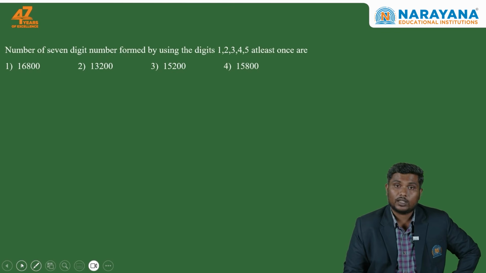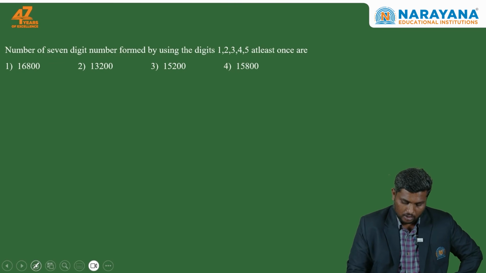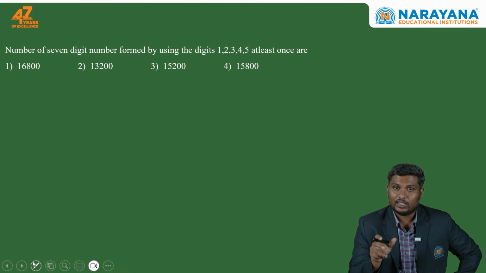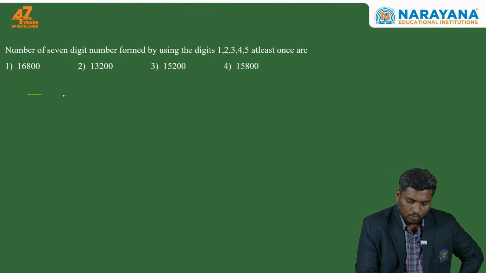It is from the chapter permutations and combinations, once again based on number theory. Number of 7-digit numbers formed by using the digits 1, 2, 3, 4, 5 at least once. So he's asking every digit has to be used in that 7-digit number at least once. So 1, 2, 3, 4, 5, 6, 7.